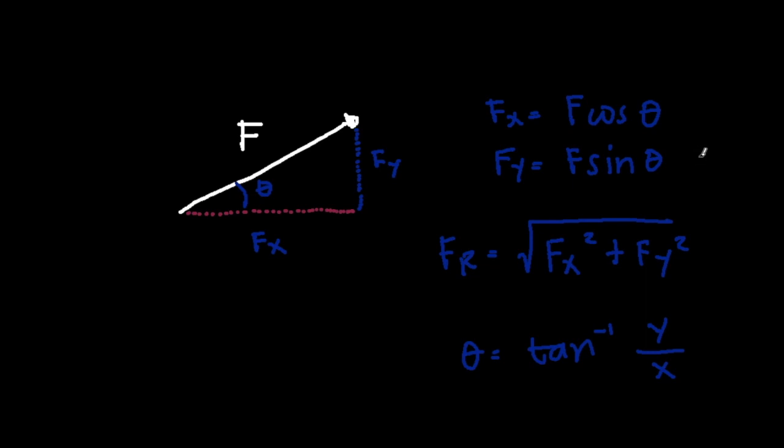So let's go to actually adding vectors. Whenever you want to add vectors which involves one or more vectors which has an angle, you should use the component method.